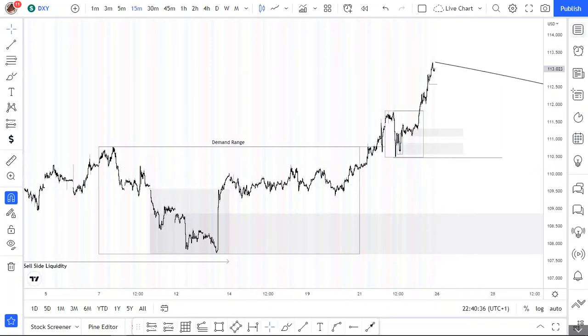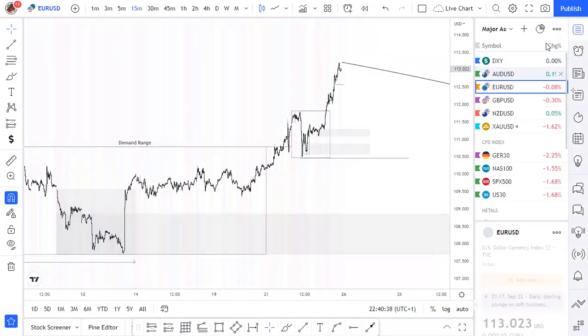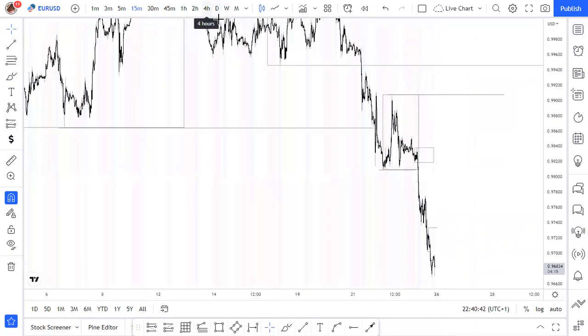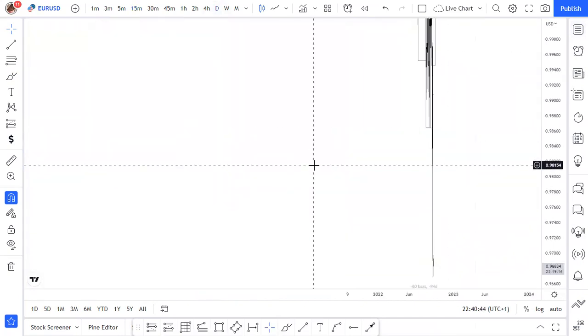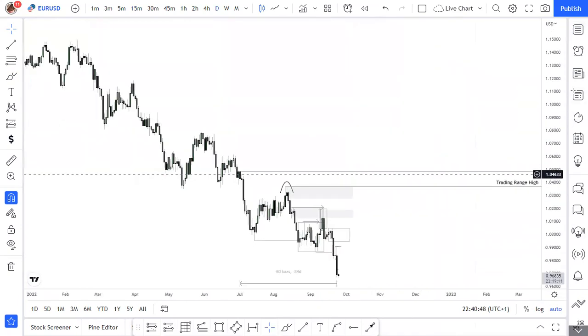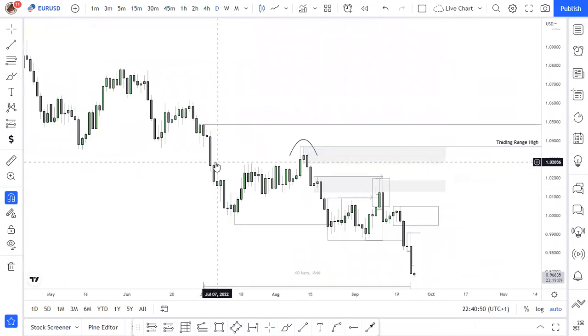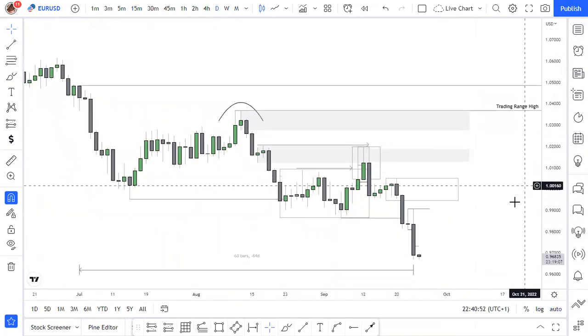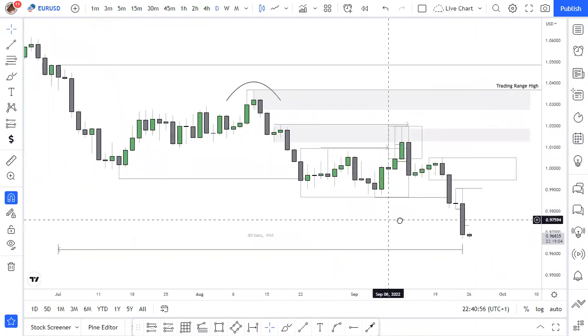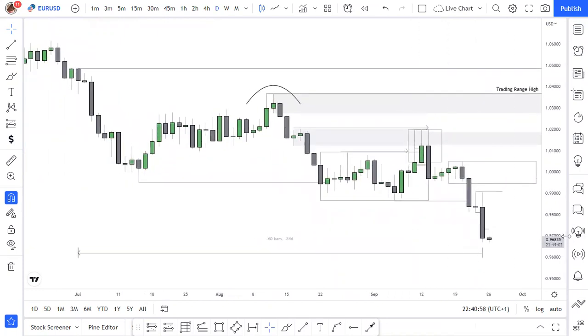So going over to Euro USD, the price action is basically the same, but just in the opposite direction. So we have bearish market structure, and as usual, we'll note our 60 trading days range.